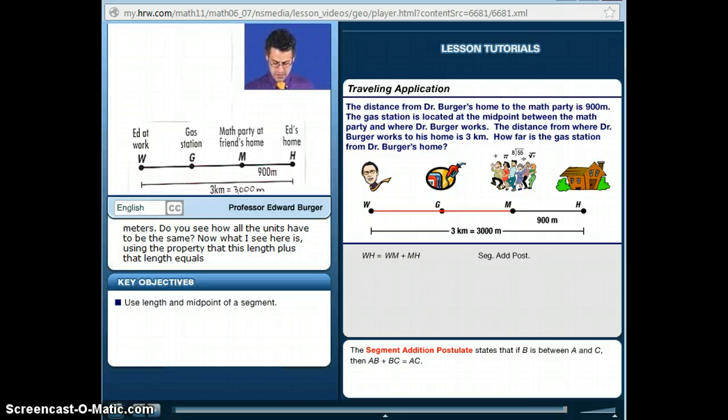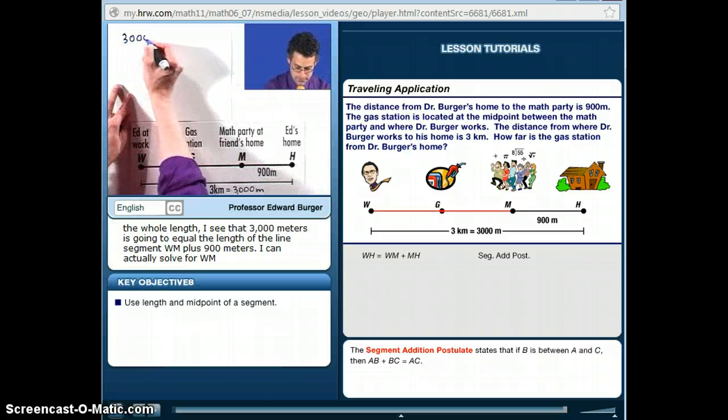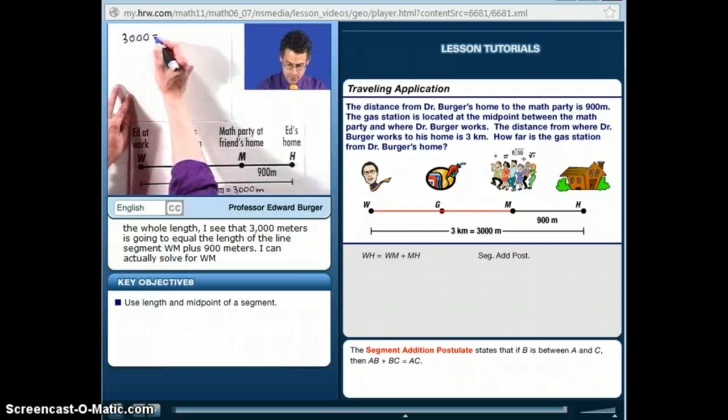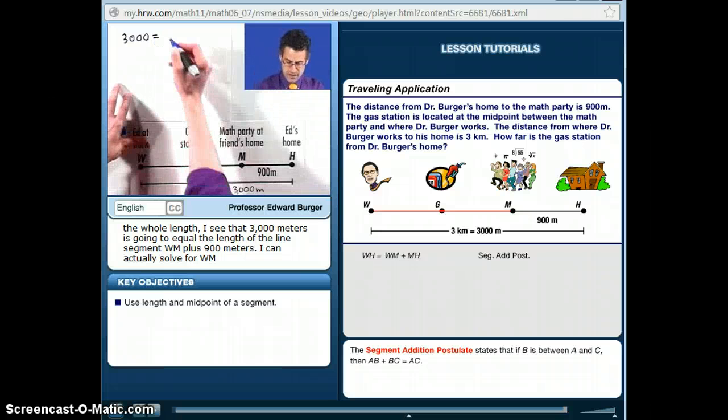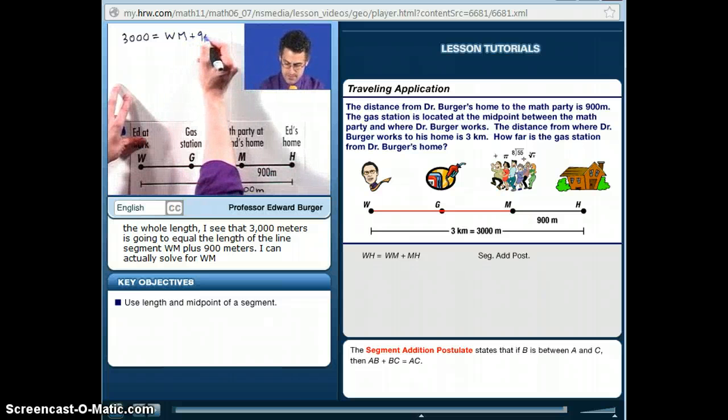So now what I see here is, using the property that this length plus that length equals the whole length, I see that 3,000 meters is going to equal the length of the line segment WM, that's this line segment, plus 900 meters.